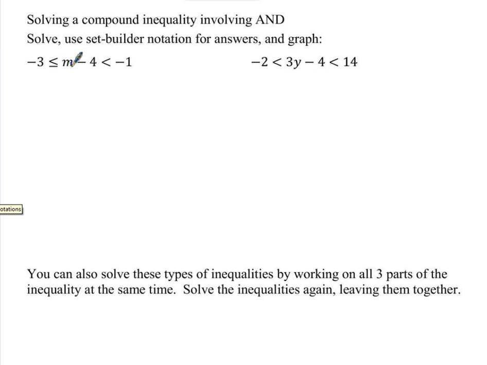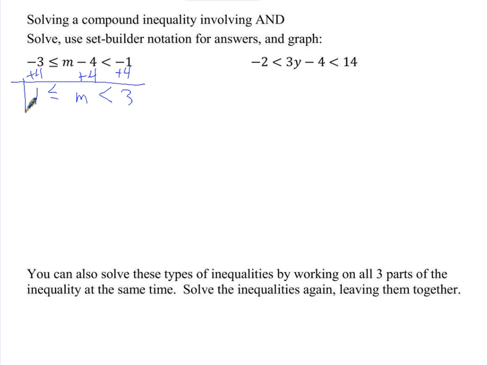I have m minus 4. I want just m. To get rid of the minus 4, I'm going to add 4. But if I add 4 to the middle, I have to add 4 to the outsides as well. When I do that, I get 1 is less than or equal to m is less than 3. I'm already at my answer.